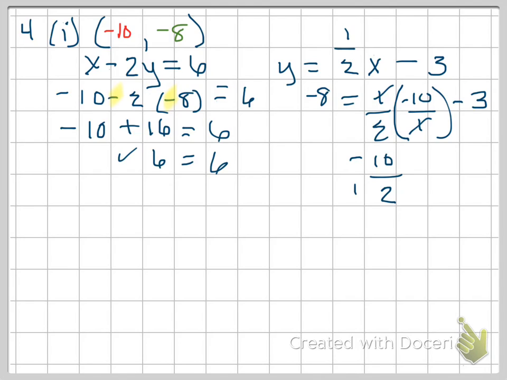Now, 2 is a positive, and so we know a positive divided by a negative, or a negative divided by a positive, always leaves us with a negative. So 2 goes into 10 5 times, or 5 over 1.